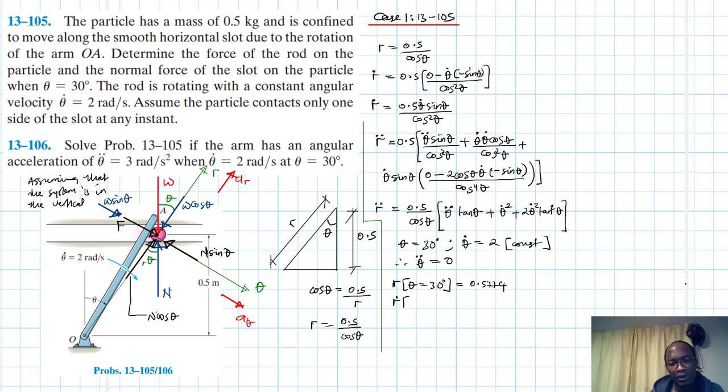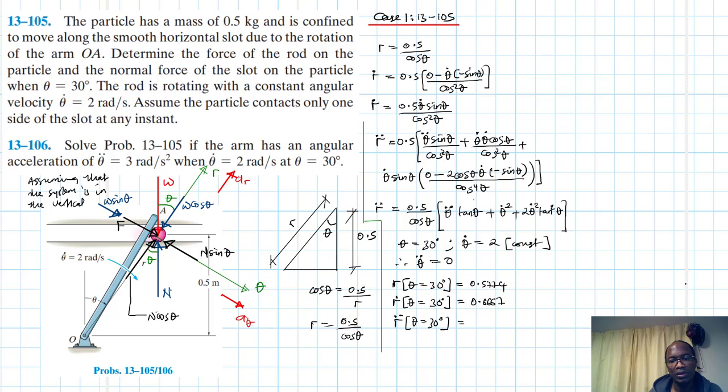Then r dot at theta equal to 30 degrees, that's 0.5 by 2, like so. Alright, so this gives us 0.0667 at theta equal to 30 degrees.